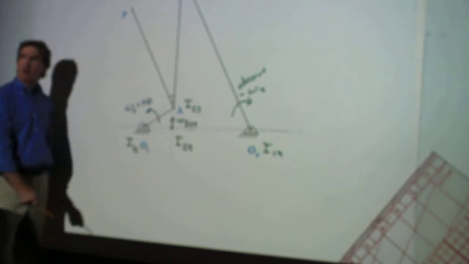So the other thing about these instant centers is it's a point that belongs to each link at the same time. So I could draw this link here kind of like this. And if I know that omega 2 is going like this, and this point belongs to omega 2, it has to be going straight up. Okay? Do you see that?